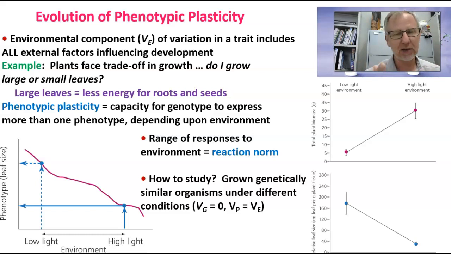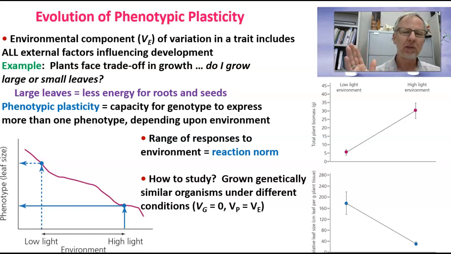The exact same genetic blueprint of a plant grown in high light conditions grows small leaves. So this is showing phenotypic plasticity. This is showing the capacity for one individual genotype to express more than one phenotype, depending on the environment. That is the definition of phenotypic plasticity.